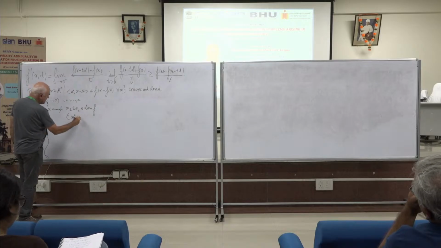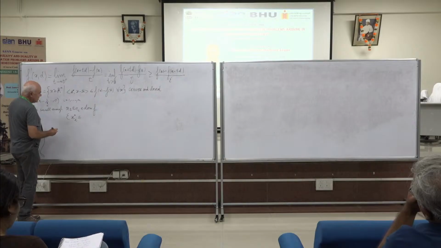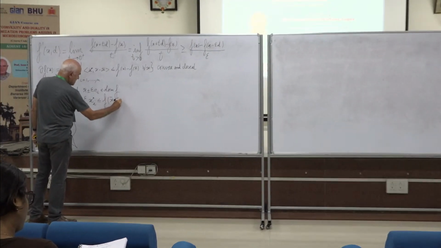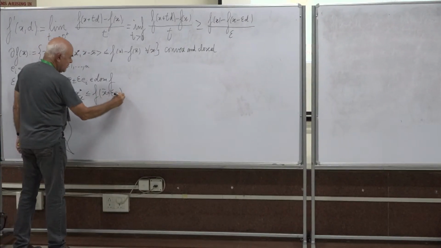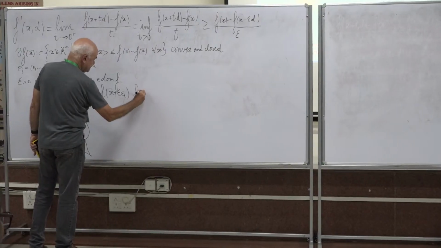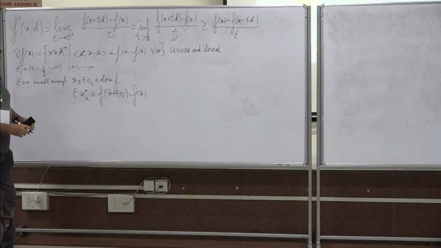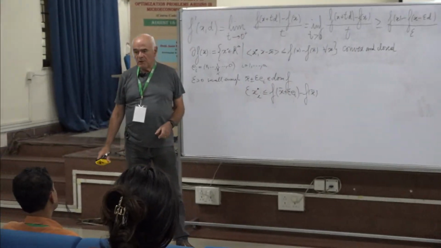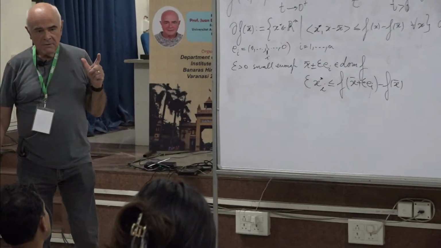So I get that x star i, the ith component of x star, is less than or equal to f of x bar plus epsilon e_i minus f of x bar, which is a finite number because x bar plus epsilon e_i is in the domain of the function.